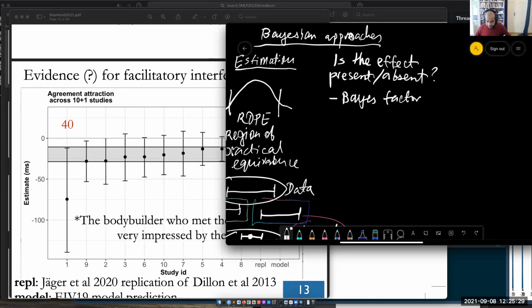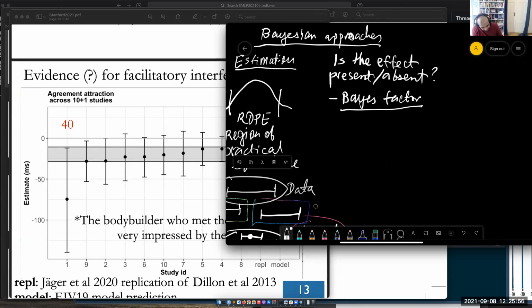It has some superior properties because the Bayes factor compares models taking into account the uncertainty of the parameters in the models. The frequentist ANOVA cannot do that. It doesn't take the uncertainty of the slope into account. That is a critical difference, okay? We will get to the Bayes factor on Friday, and I'll show you how to do this.